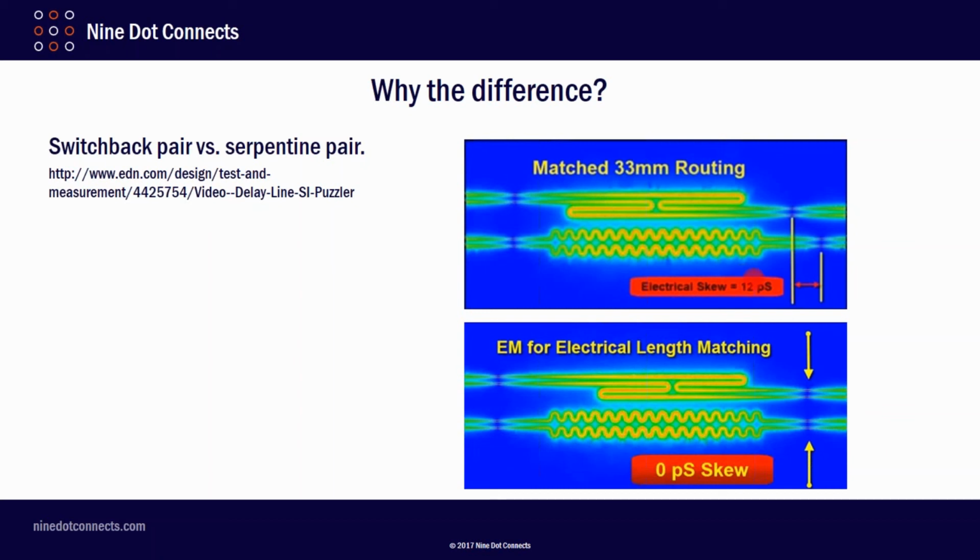And then they noticed, oh, there's a 12 picosecond skew when the signal gets out here. And so they were actually having a contest saying, okay, can anybody explain to me why, even though these are electrically the same length, they are not giving me the same amount of delay? And what they found is that they had to shorten the switchback in order to get the 0 picosecond skew.